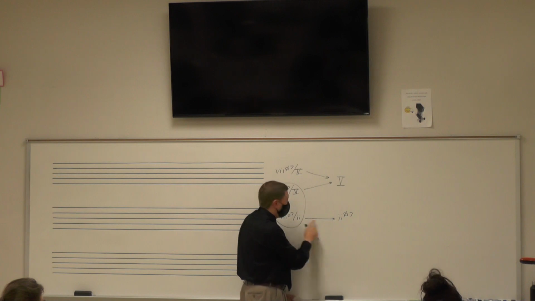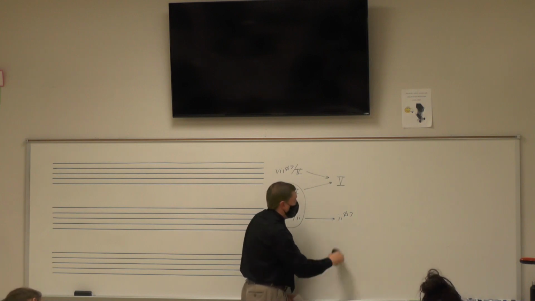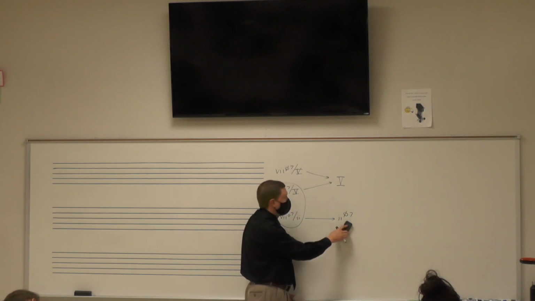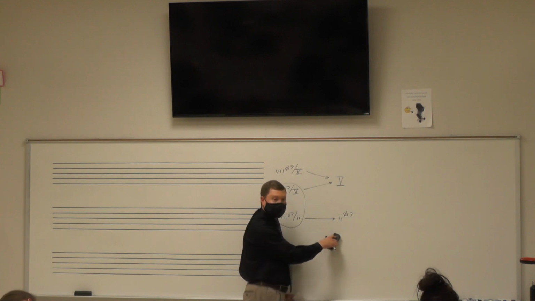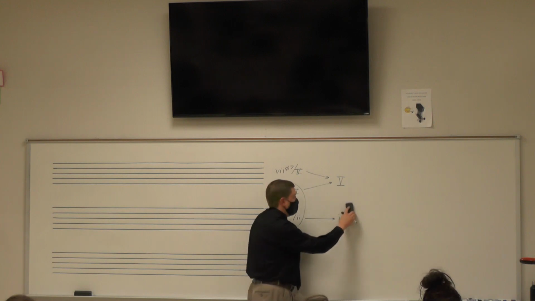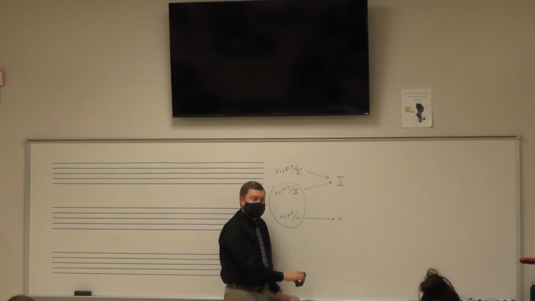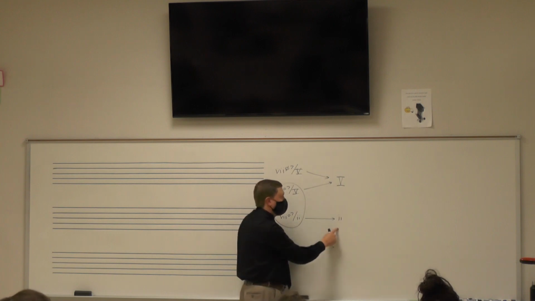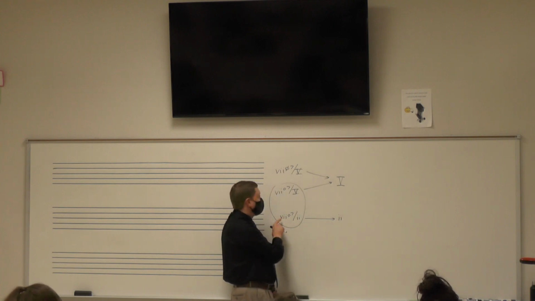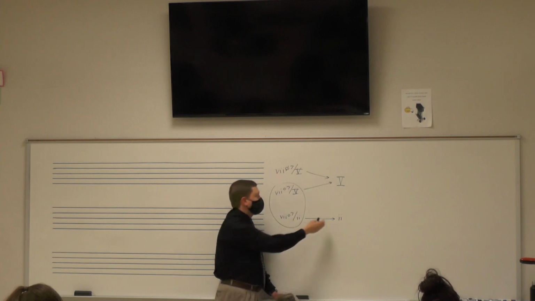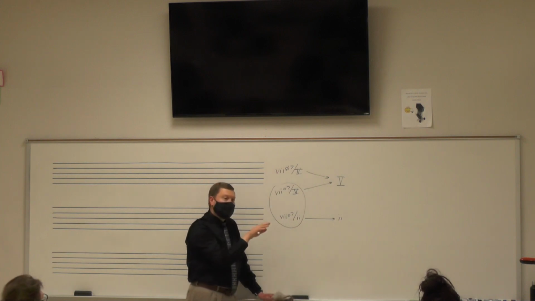So you would never have something like this because a half diminished, any kind of diminished or even augmented chord can never temporarily sound like that. So that would never ever be a possibility. Only major and only minor triads can be preceded by, well, 7th chords can be, but not diminished.